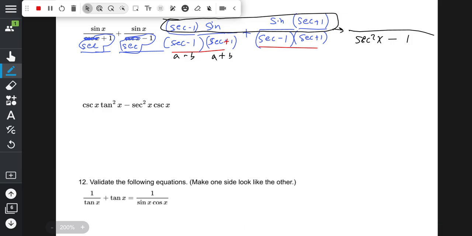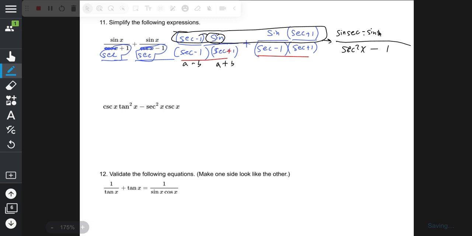This sine is multiplying this binomial, so I have to distribute. I have to say sine times that secant minus sine, plus, and I'm going to distribute, sine secant plus sine.